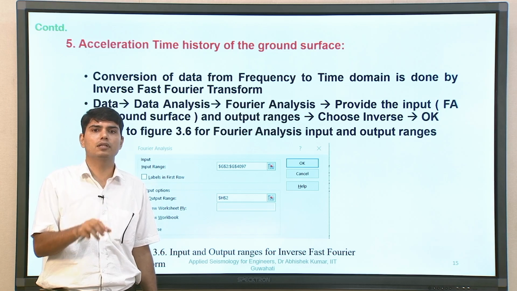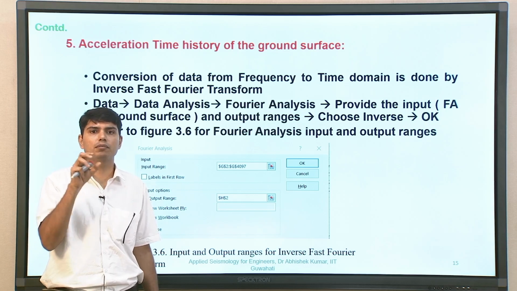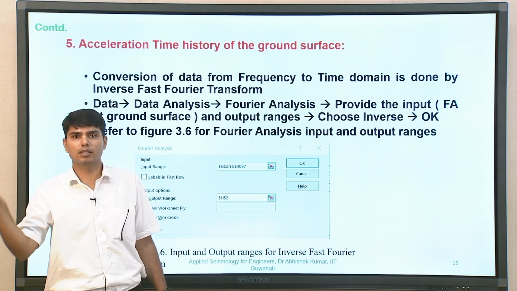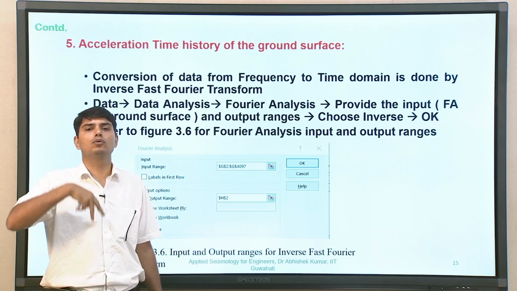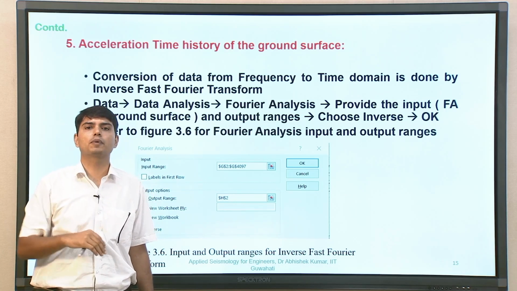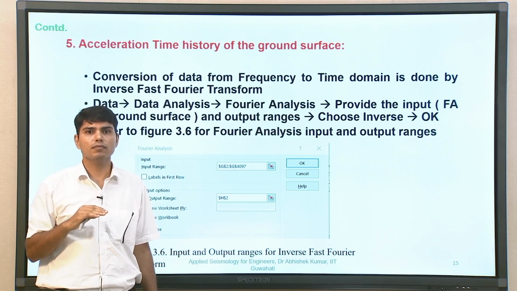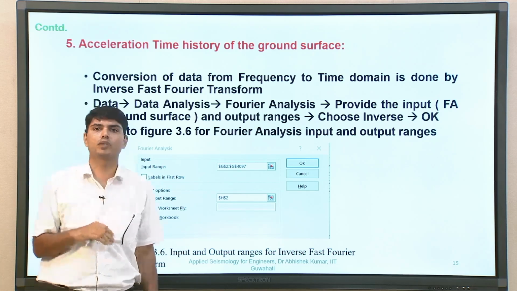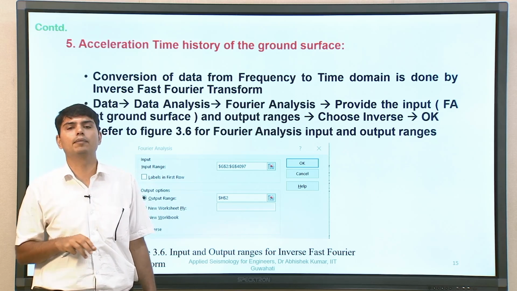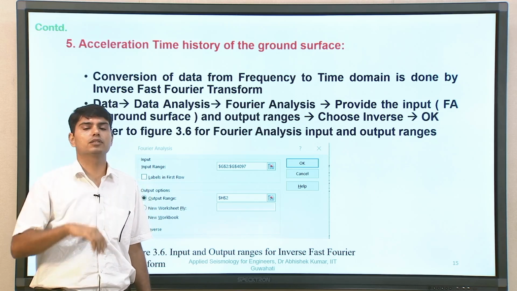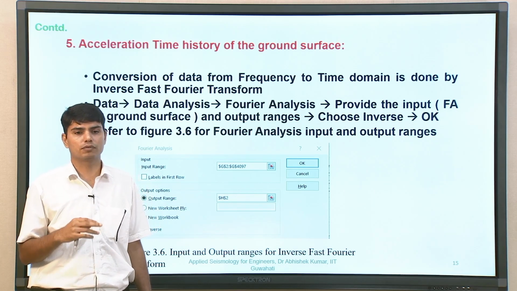Estimate the transfer function, take the amplitude of the transfer function, multiply with the successive value of Fourier amplitude at the same frequency, and you will get the Fourier spectra at the ground surface. Then performing inverse fast Fourier transformation, you will be able to convert this from frequency domain to time domain, and subsequently this is going to give you the acceleration time history at the ground surface.